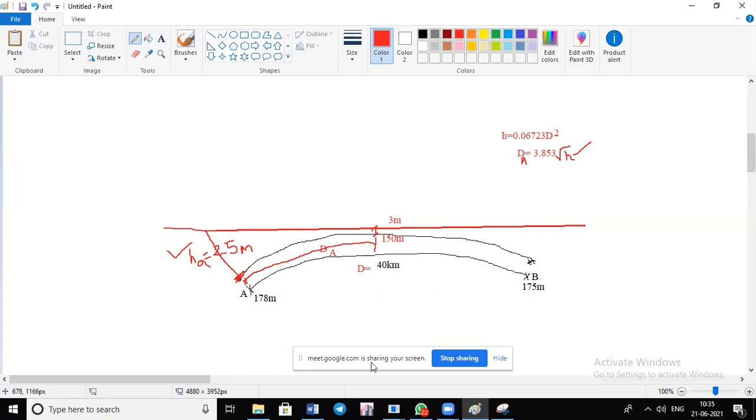Got it up to this point? Now we know the total distance is 40 kilometers.